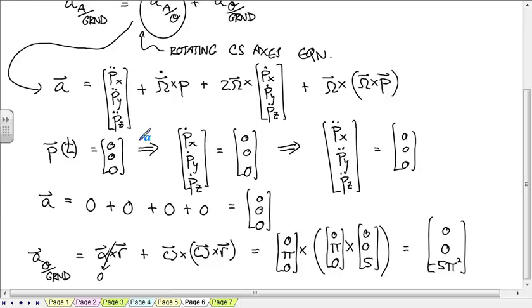But for the most part, any problems that we're doing now, you can at least do two ways, and often you can do it all three of these different ways. So that's a nice thing. You have a way to check your answers at the same time that you're reminding yourself about circular motion and rigid body motion.